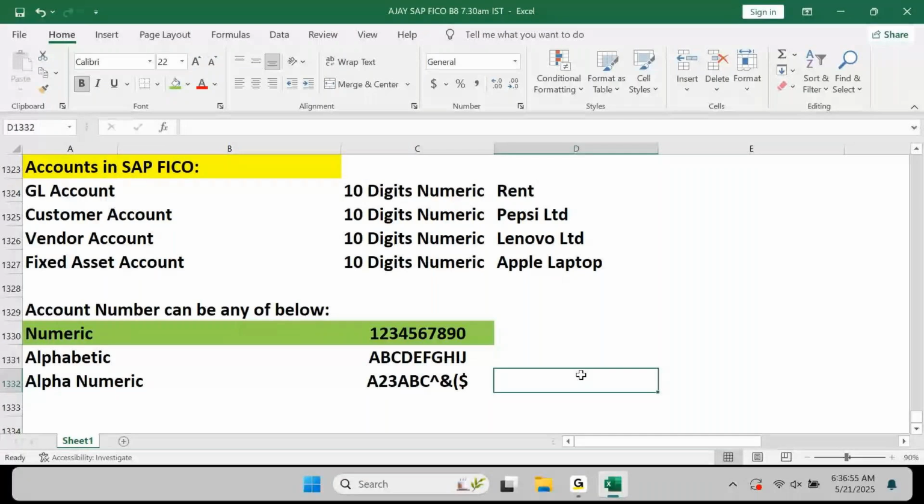When you're recommending, let's go with 8 digit, 6 digit, 7 digit, there is a logic behind it. Nobody will blindly put any number. When somebody is deciding, okay, let's go with 10 digit, there may be a logic. Somebody is saying that, okay, let's go ahead with 6 digit, there might be a logic. This logic is what we need to understand as a consultant.